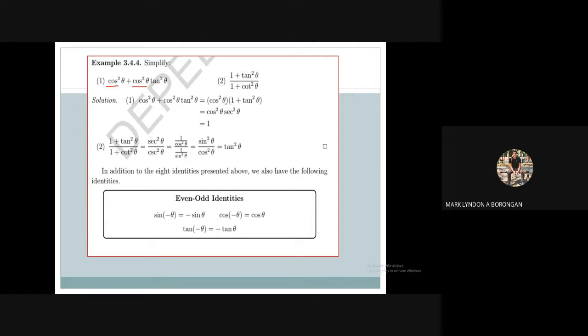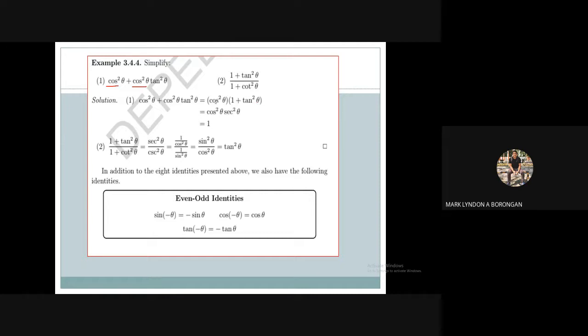We can factor them out. So, when we factor out the cosine squared of theta, you are left with 1 plus tangent squared of theta.